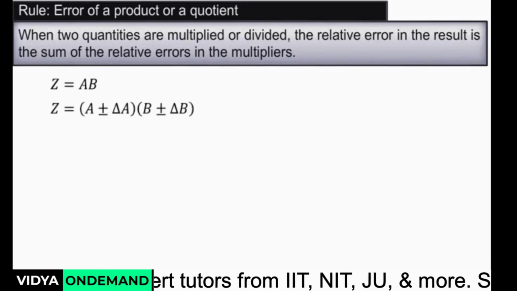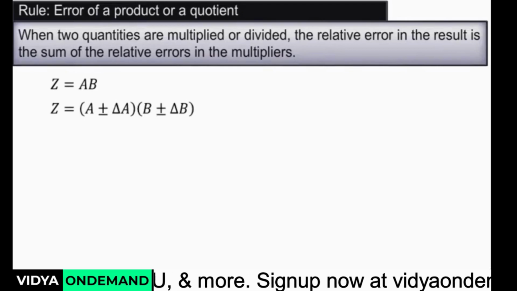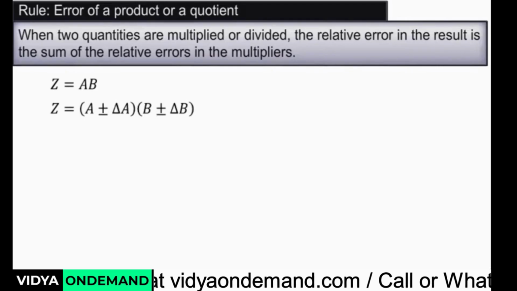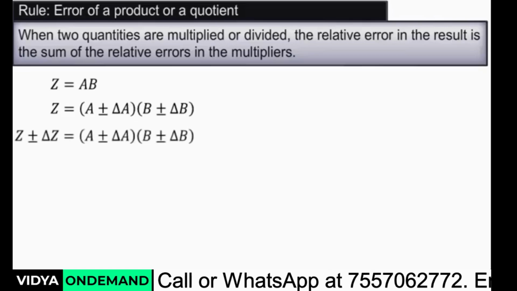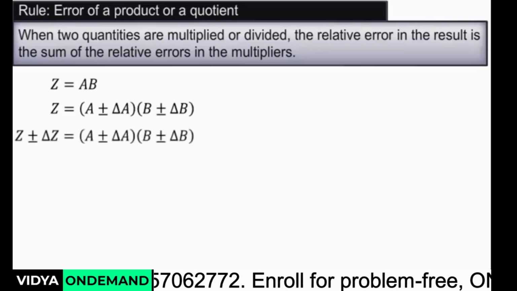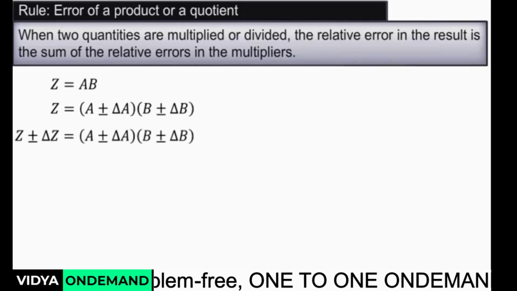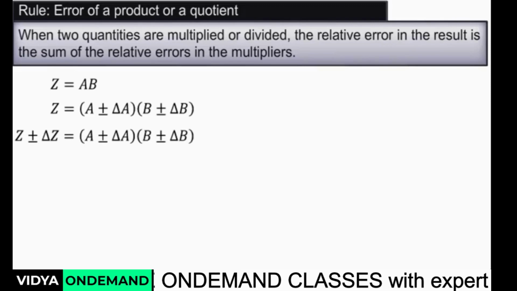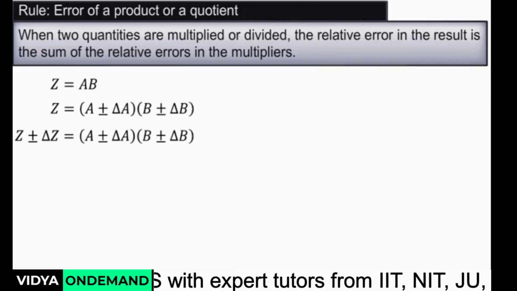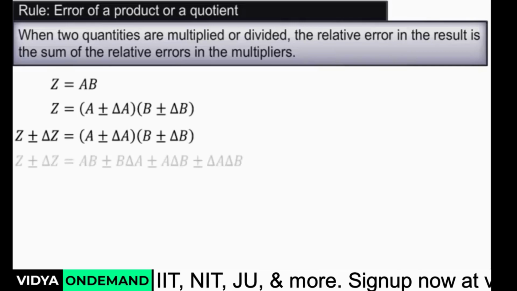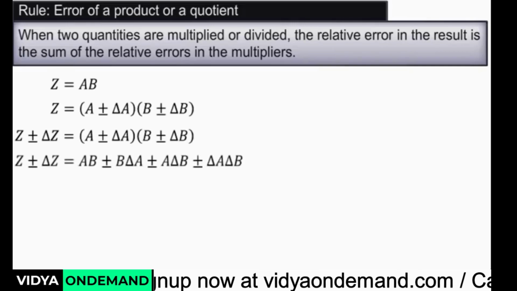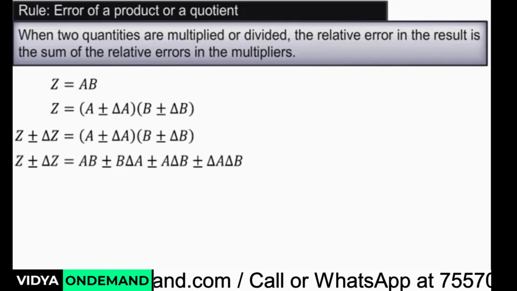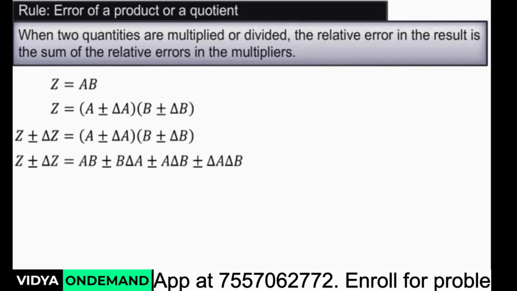Then Z ± ΔZ = (A ± ΔA) multiplied by (B ± ΔB), or Z ± ΔZ = AB ± BΔA ± AΔB ± ΔAΔB.